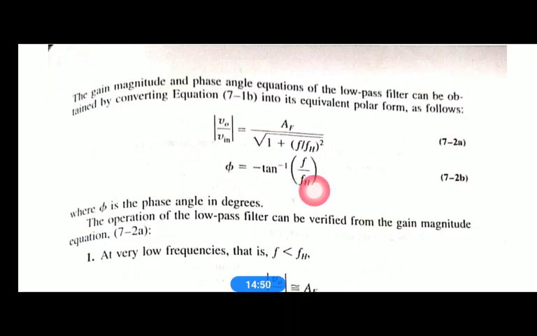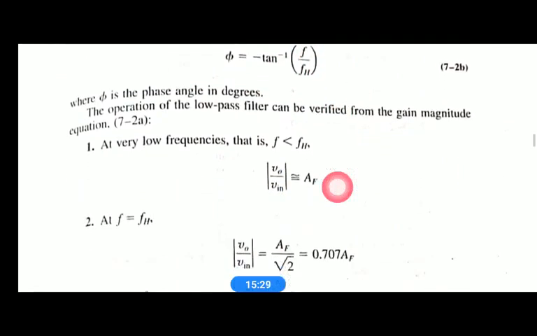So the numerator term will become 0 minus the denominator term: angle of numerator divided by angle of denominator. Angle of numerator is 0 minus, angle of denominator is tan inverse of the imaginary part f by fH divided by 1, which gives f by fH only. Therefore it is minus tan inverse of f by fH.